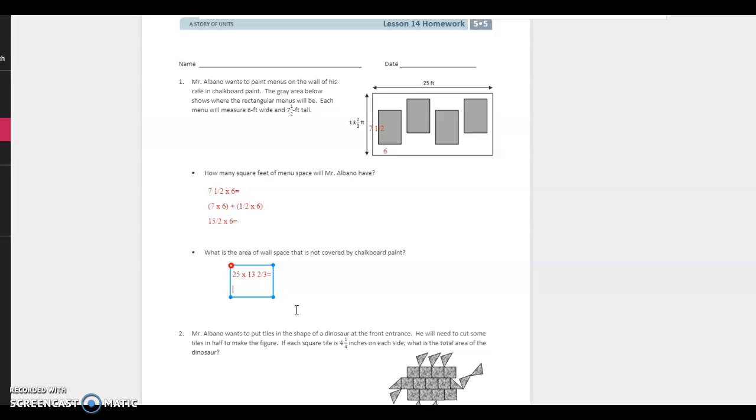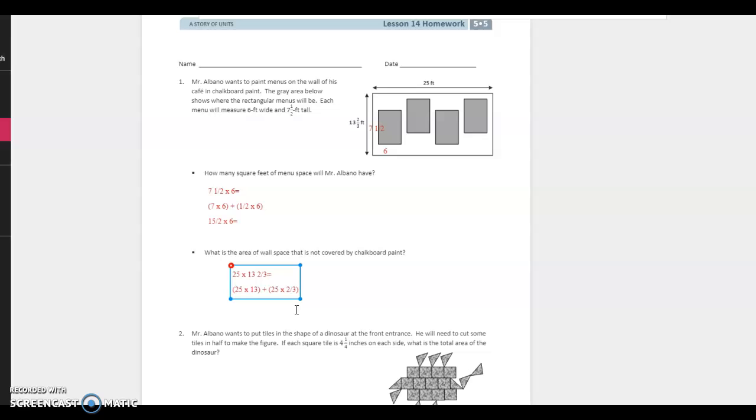Before you go ahead and solve, remember that 13 and 2/3 needs to be converted, or you need to make sure that you're multiplying that whole number. So you're either taking 25 times 13 plus 25 times 2/3.